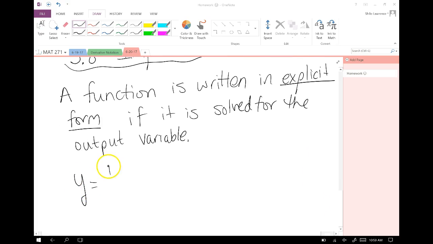Almost everything for us right now has been y is the output, x is the input. So y equals 1/2 x plus 3 is an explicit equation. X is the input, y is the output, and this equation is solved for y. Y is all by itself on one side of the equation.